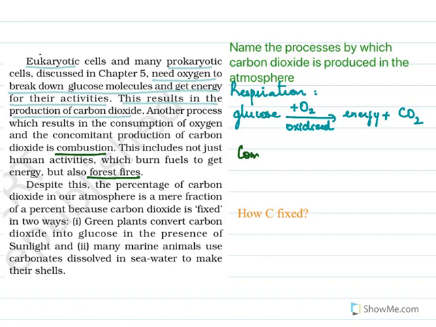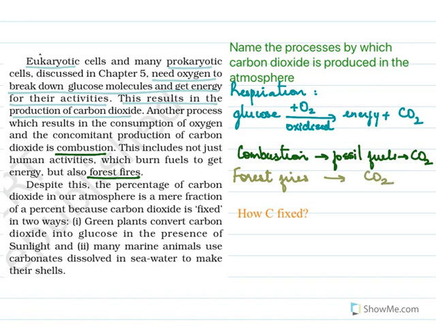So combustion of fossil fuels produces carbon dioxide, and burning of forest fires also produces carbon dioxide.